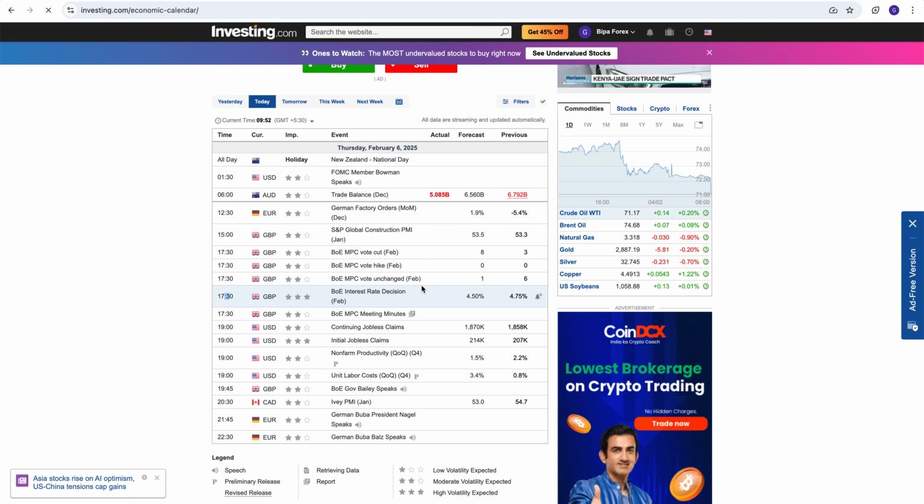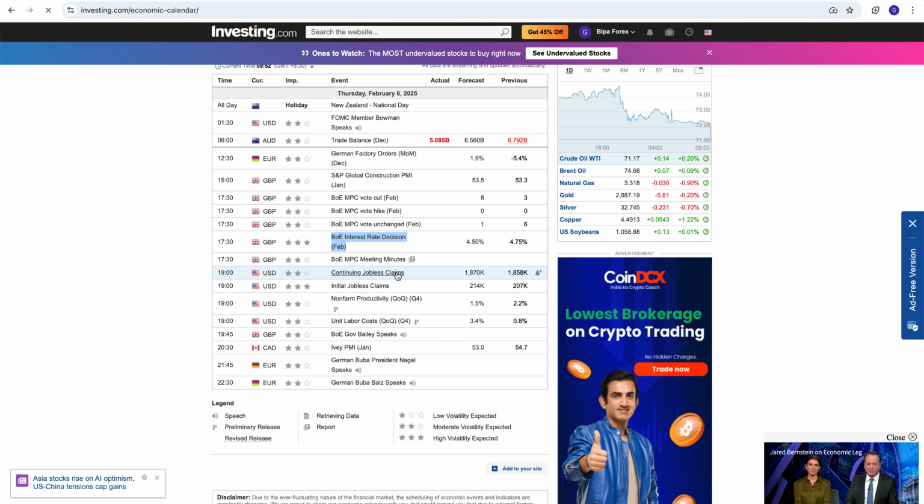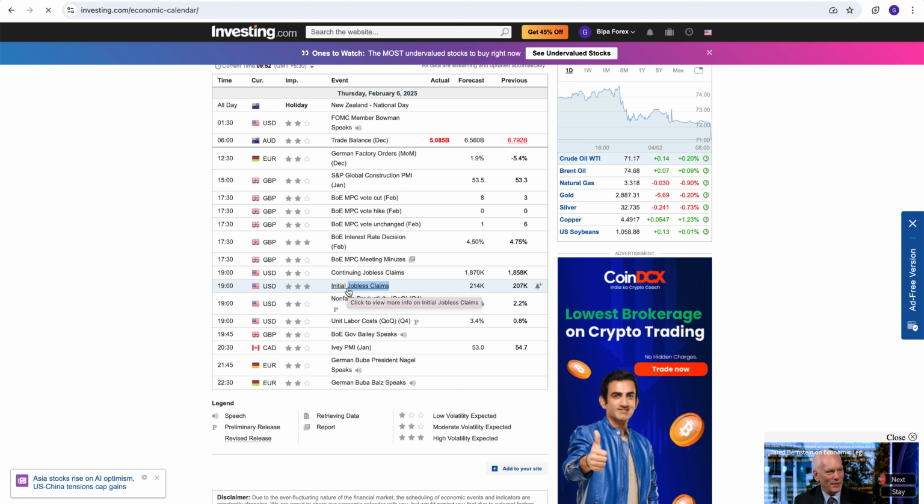So one thing we need to concentrate on is the interest rate decision of the GBP pair. Also today we have initial jobless claims USD news. These two are the major drivers for the day for GBP and USD pairs.